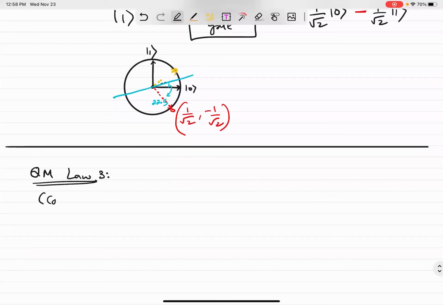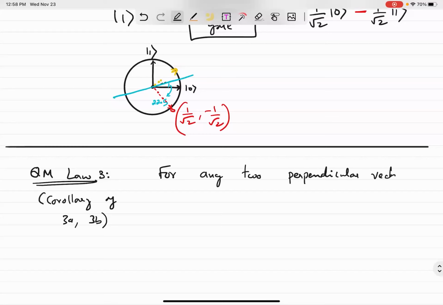A corollary of 3a, 3b is that for any 2 perpendicular vectors, u, v on the unit circle, what can you do?